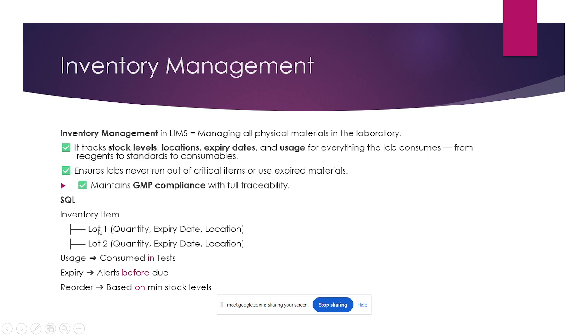You have to mention the lot numbers, all the lot numbers, quantity, expiry date, location, and usage, how much was consumed in tests and which tests used how much quantity. Expiry will also come and reorder will also come. So usage, expiry and reorder are the SQL clauses. Based upon these clauses, the data will automatically come.